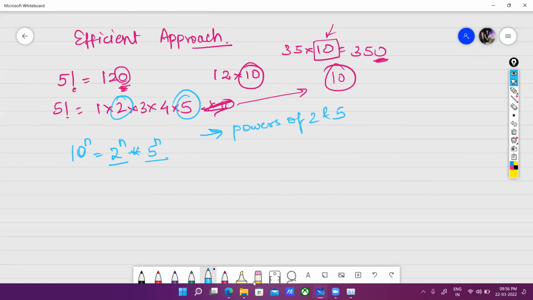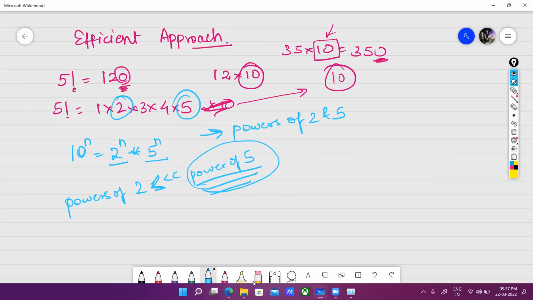But it has been observed that the powers of 2 are very few compared to the powers of 5. So our main goal would be only to find the power of 5. Get it? So this way we are going to deal with finding only the powers of 5.